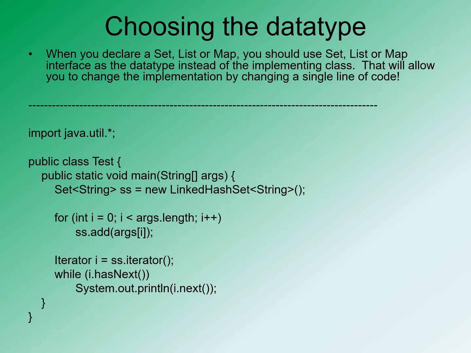Choosing the data type: when you declare a Set, List, or Map, you should use the Set, List, or Map interface as the data type instead of the implementing class. That will allow you to change the implementation by changing a single line of code. As you can see here, we are declaring a Set named ss, and we are using a new LinkedHashSet.